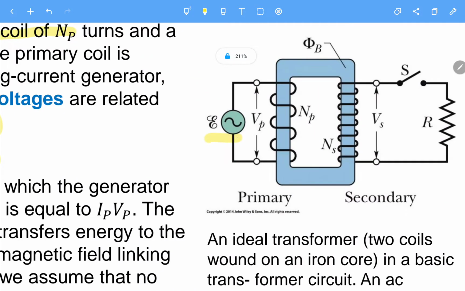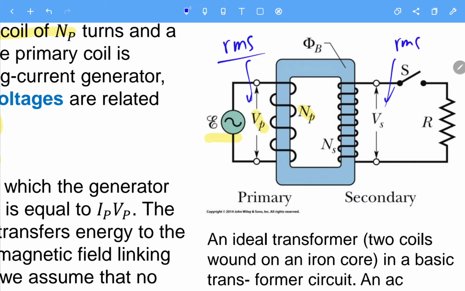This is the source, and this is the primary coil. The number of primary turns is Np, and the voltage across the primary is Vp. Of course, this is an RMS value. We usually talk about RMS values.